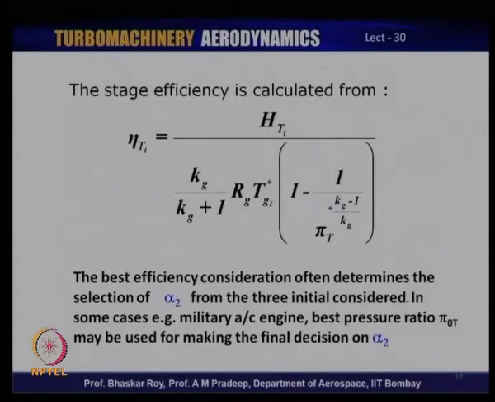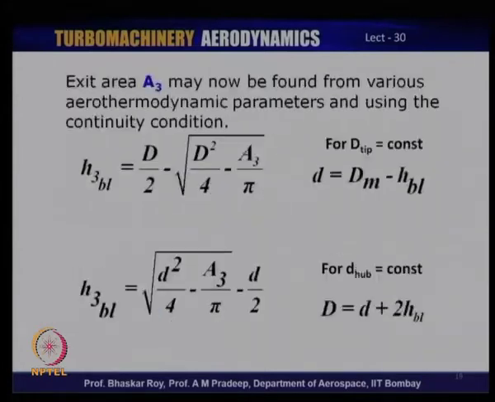Now, these are the parameters based on which you finally go back to step 3 and select the value of alpha 2 which meets the selection criteria, and then all the values that were computed from step 3 onwards till the efficiency then become the selected values for the particular design.